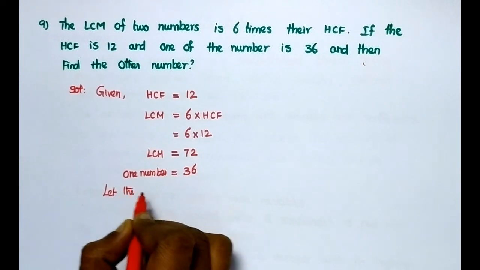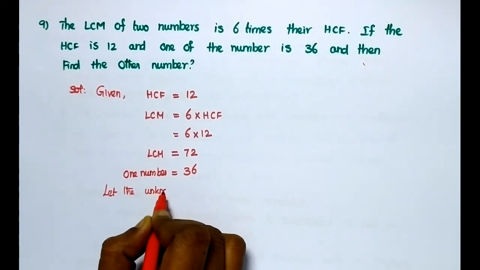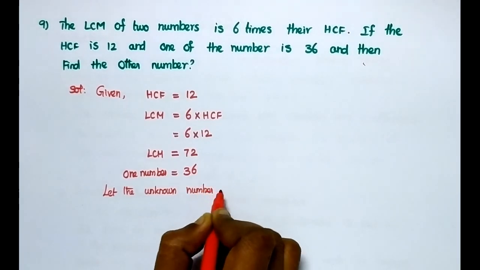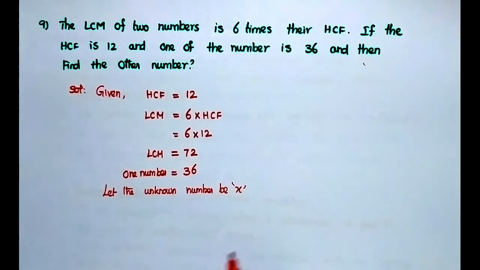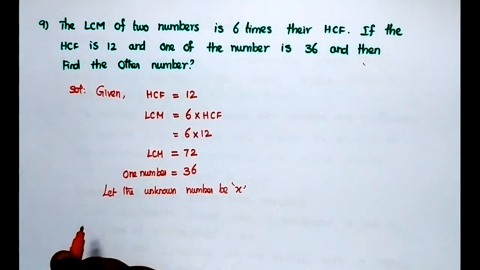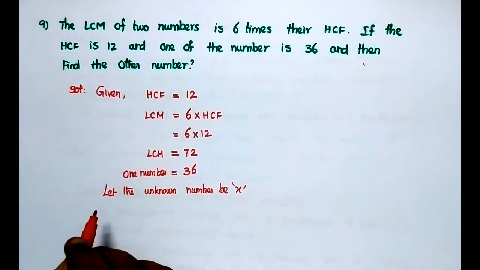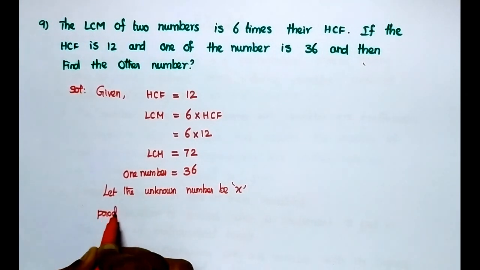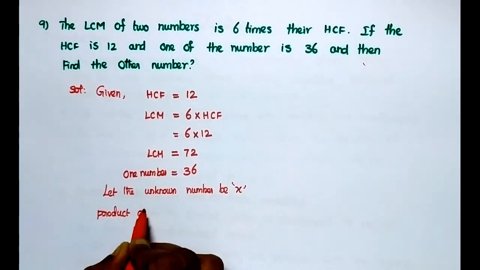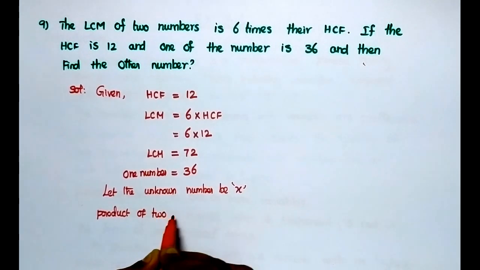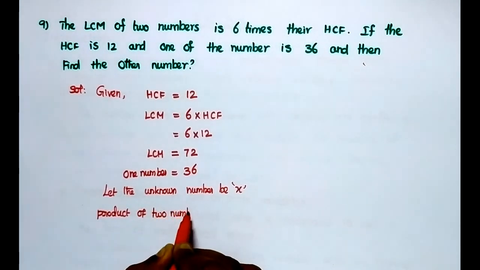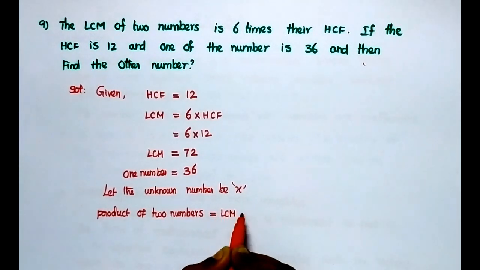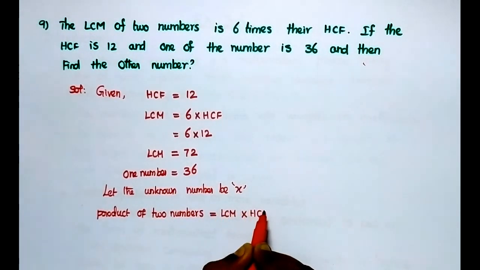Let the unknown number be x. And what's the formula? Product of two numbers equal to LCM into HCF.